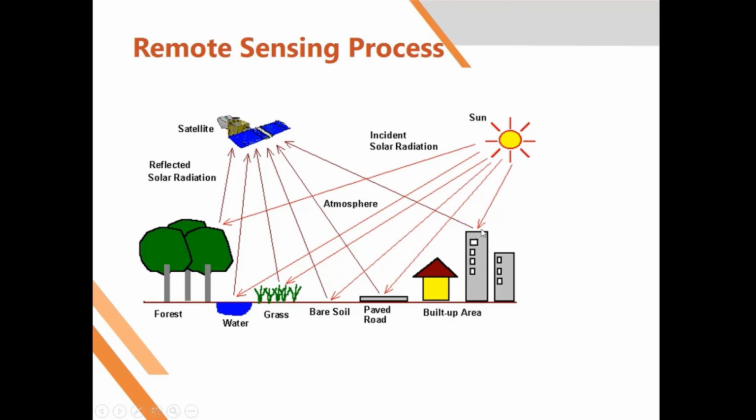However, when it reaches the atmosphere, there are some interactions. Some energy is absorbed, other energy is scattered, and then some of the energy reaches the sensor. And that energy that reaches the sensor is the one that is recorded, calibrated, cleaned, stored, and then shared as an image.